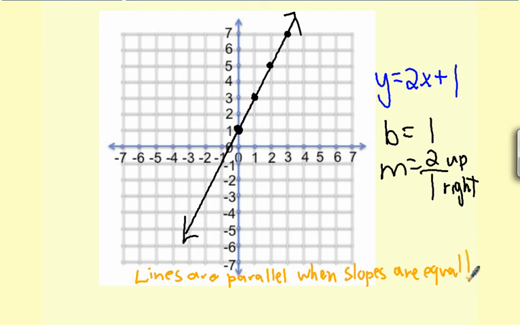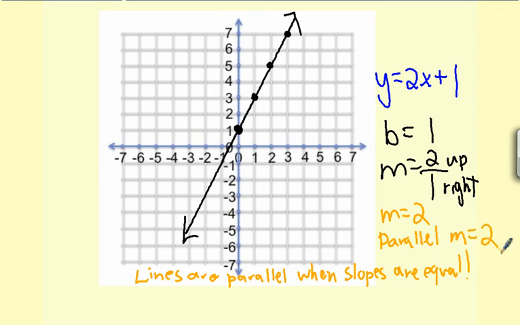All right. So in this case, if my slope is 2, m equals 2, then my parallel slope is also going to be equal to 2.